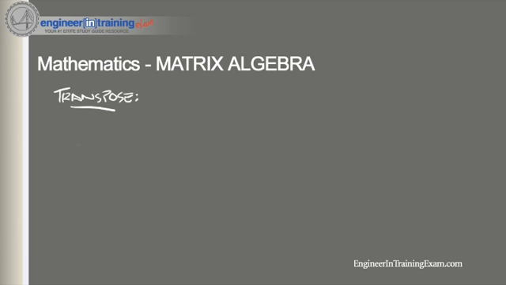This new transposed matrix is represented using the identity of the original matrix. So if it's matrix A, we use the letter A followed by a prime symbol. So the transpose of A would be A prime.